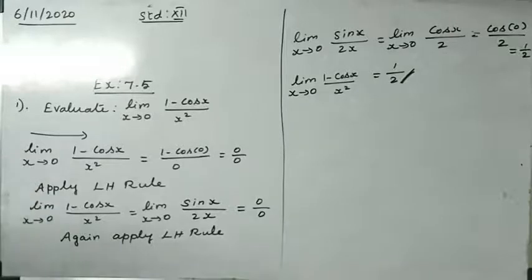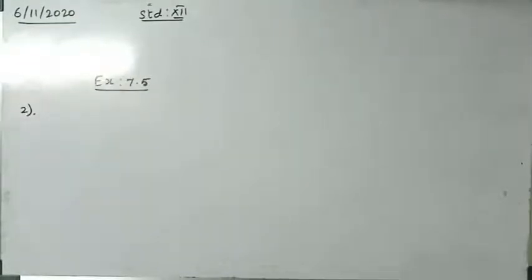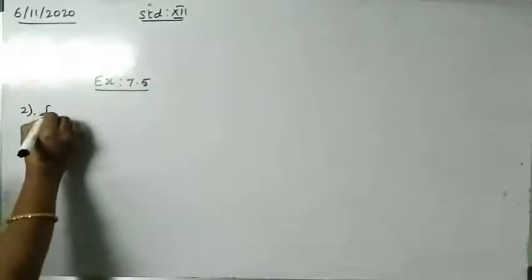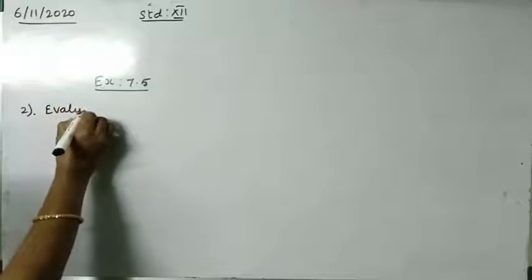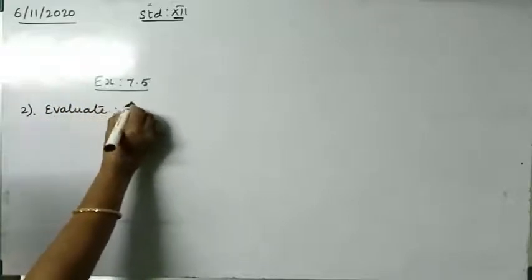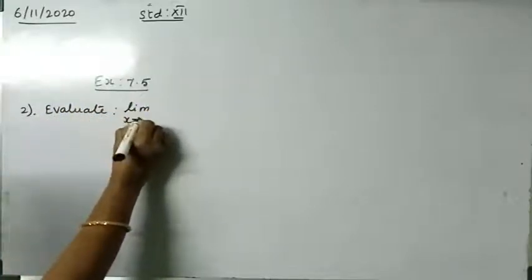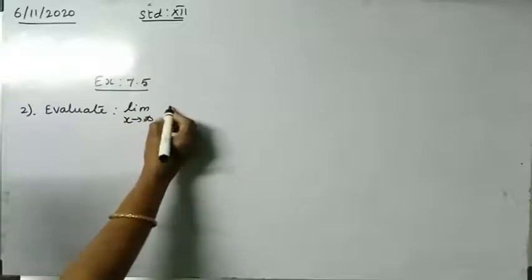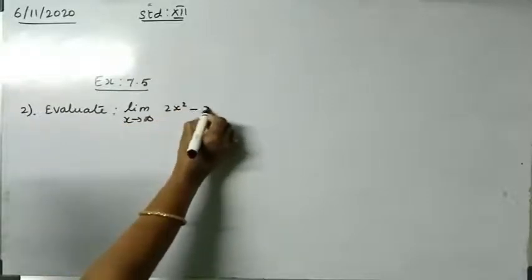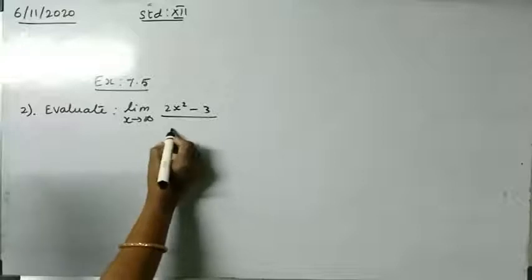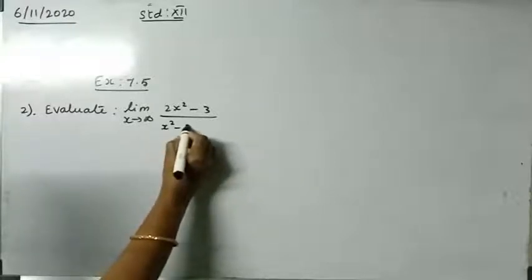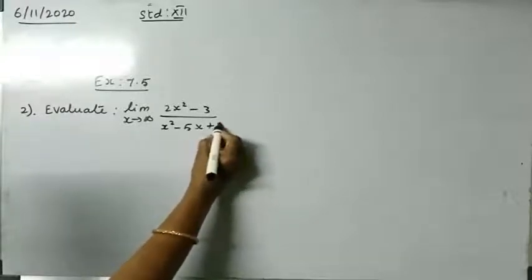Now let us go to the second question. Now exercise 7.5, question number 2. Evaluate limit x tends to infinity 2x square minus 3 divided by x square minus 5x plus 3.